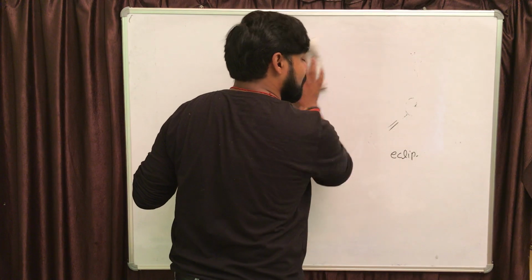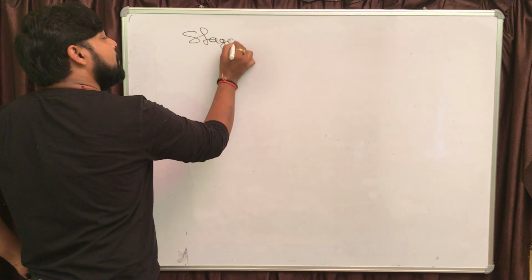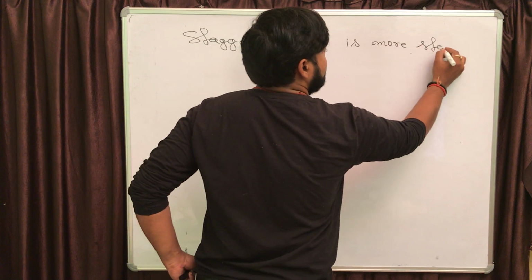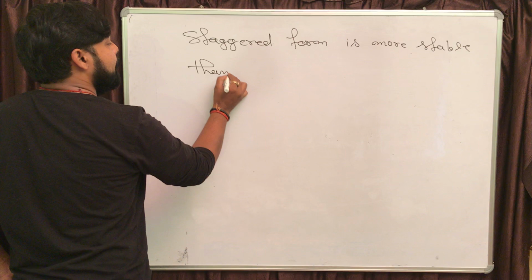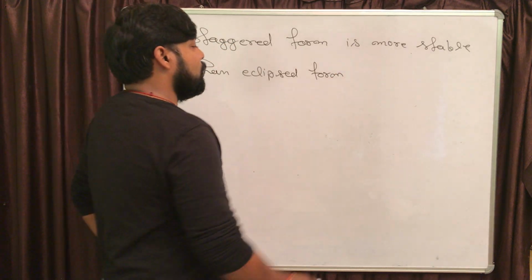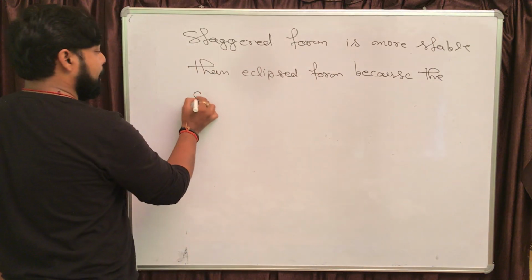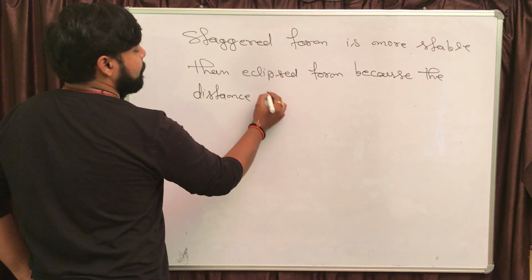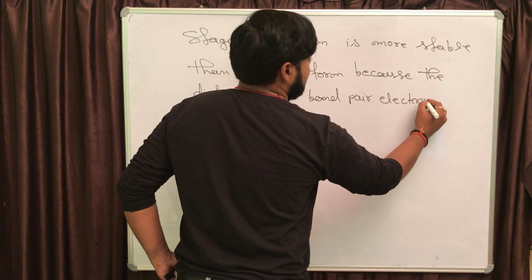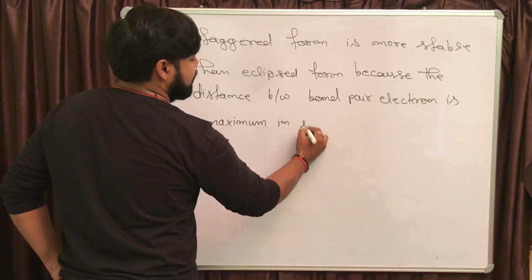Conclusion is: staggered form is more stable than eclipsed form because the distance between bond pair electrons is maximum in staggered form.